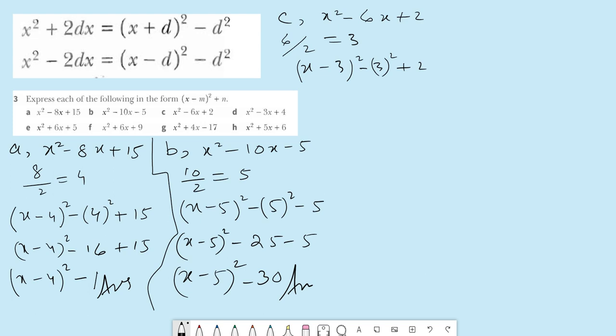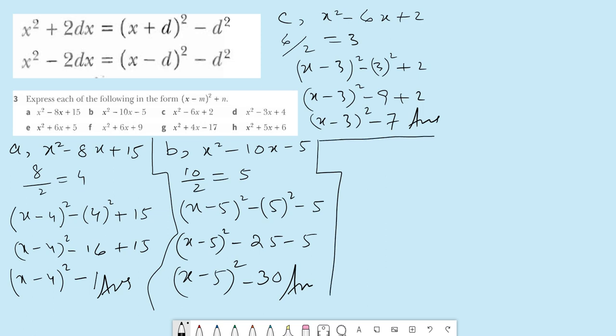Okay. So x minus 3 whole square minus 3 square is what? Minus 9 plus 2. So x minus 3 whole square minus 9 plus 2 is minus 7. This is our final answer. Hope you understand. Come to part D.